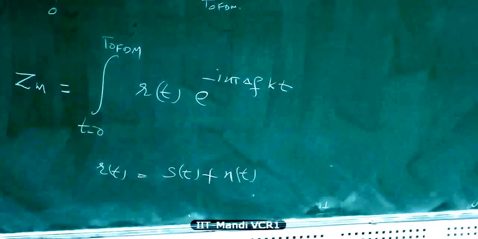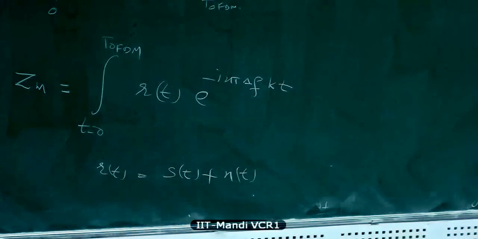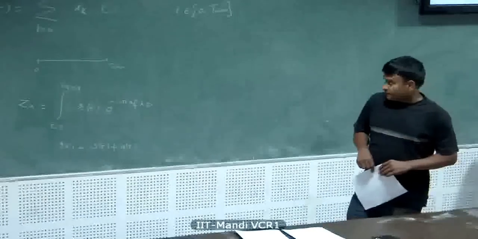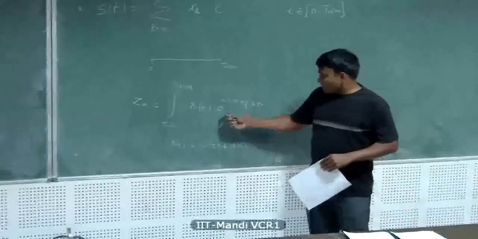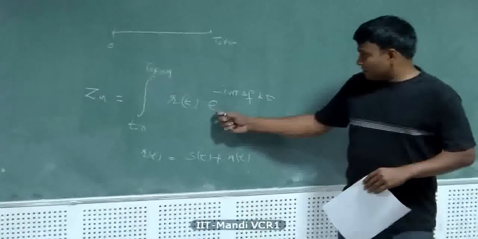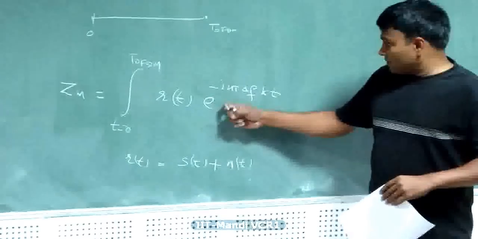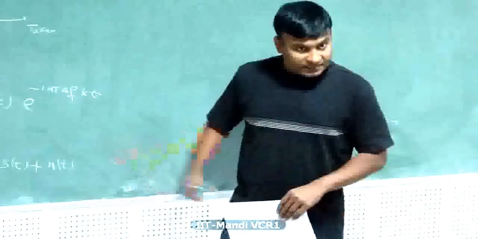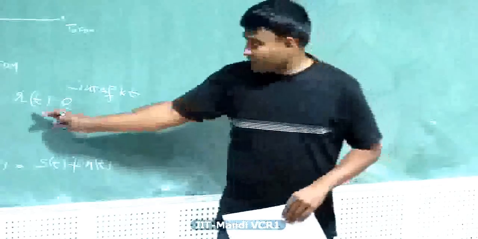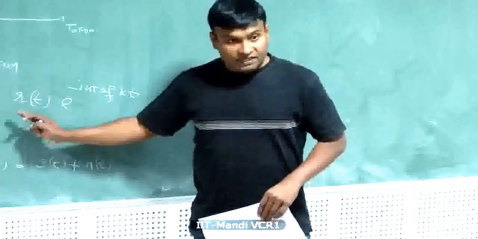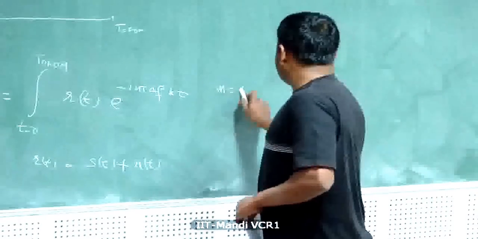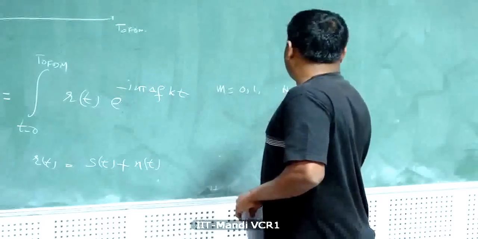As you can see, the entire processing is analog in nature. So you need a generator that generates a number of complex sinusoids precisely at those frequencies, and you multiply them with the received signal and integrate over the transmission time, with m ranging from values 0, 1 up to N minus 1.